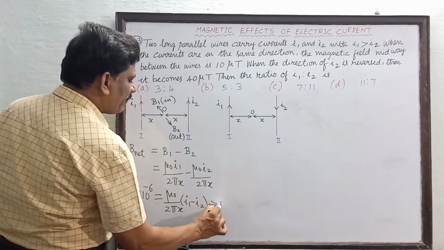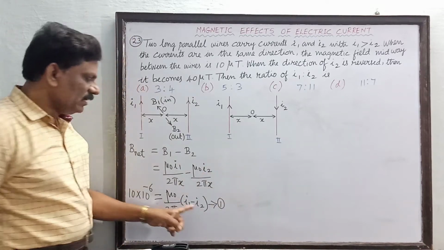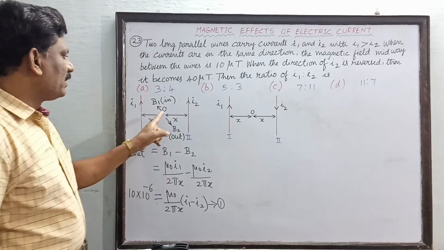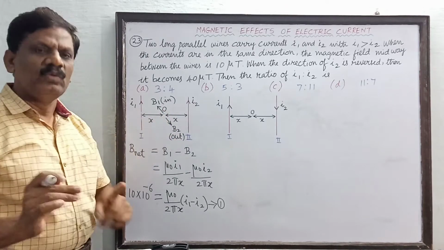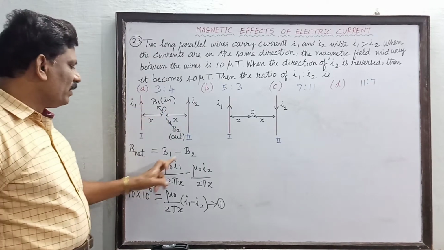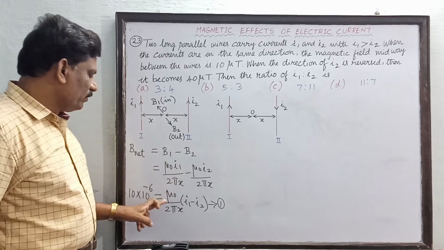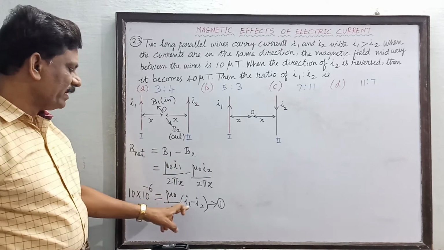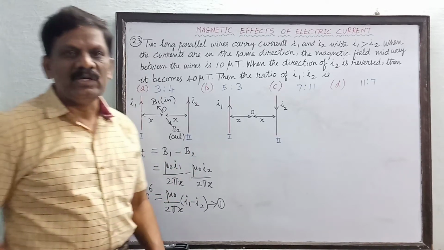So this is the first equation. The net magnetic field at the point O is due to the difference between B1 and B2, so I have taken the common factor mu naught by 2 pi x into I1 minus I2.